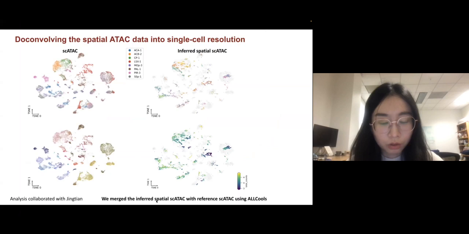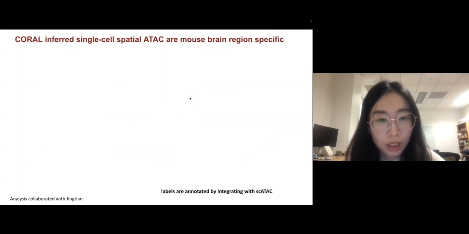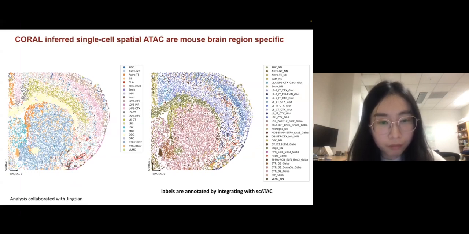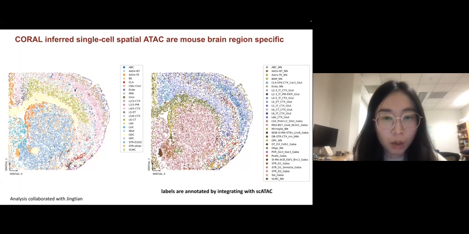They are able to integrate our inferred spatial single cell ATAC with the reference single cell ATAC. Very excitingly, we see a nice merging between these two data sets, as the UMAP shows here. And when we plot it onto the space, we actually see very nice region-related patterns in our single cell version of the ATAC data.